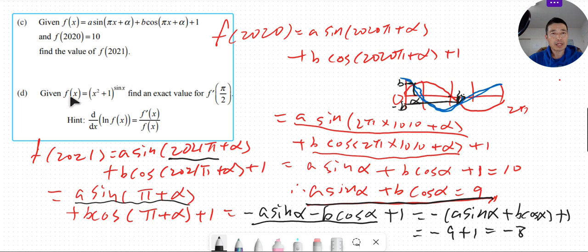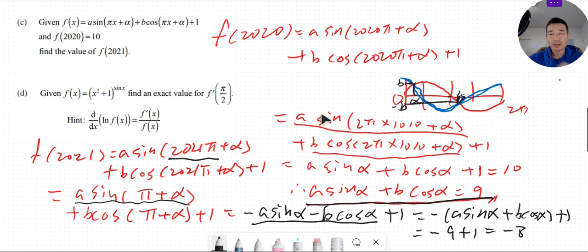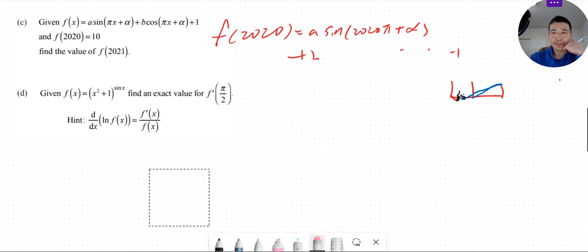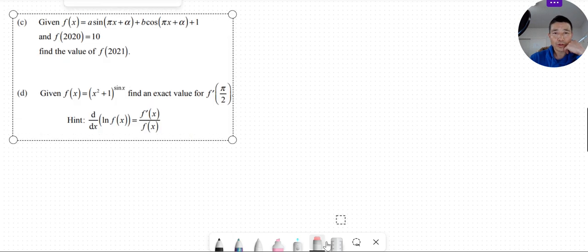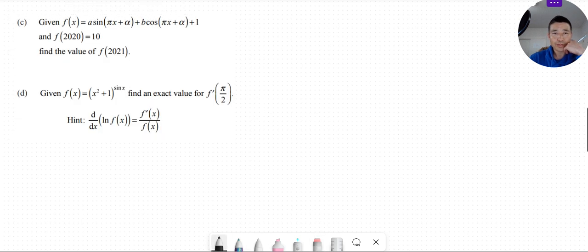I believe we can solve this without using the hint, because if we use the power rule, it's straightforward. I'm gonna rub this out. So question 2 now. So what this means is f prime x is simply, according to the power rule, you have to take that index to the front, isn't it?